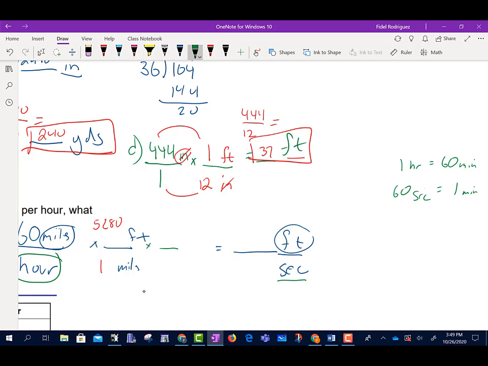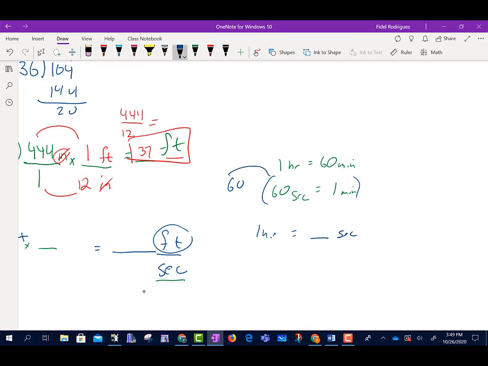So I want to see if I can find a conversion for 1 hour to seconds. If I take this expression and multiply it by 60, 60 times 60 would give me 3,600 seconds equals 60 minutes, but I know that 60 minutes is the same thing as 1 hour. So 1 hour is the same thing as 3,600 seconds.